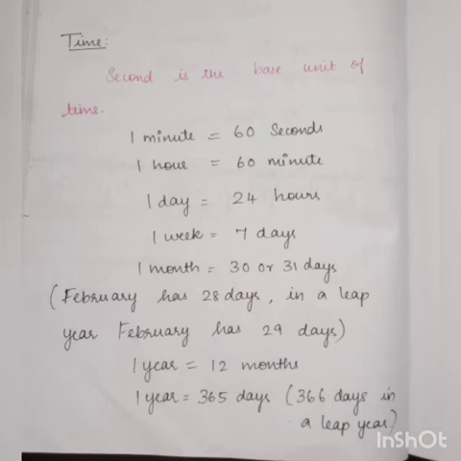But February will have 28 days, but in the leap year February has 29 days. Next, 1 year has 12 months. 1 year will have 365 days normally, but during leap year it will have 366 days. These are the basic points to remember while doing problems in case of time.